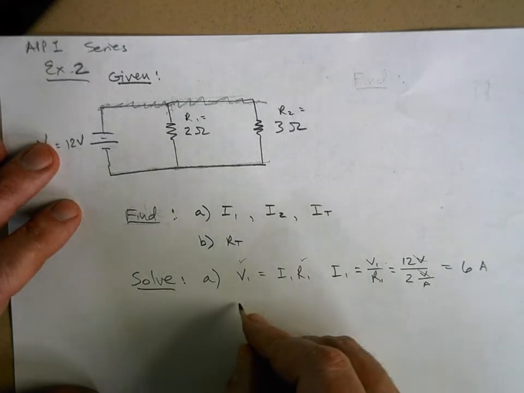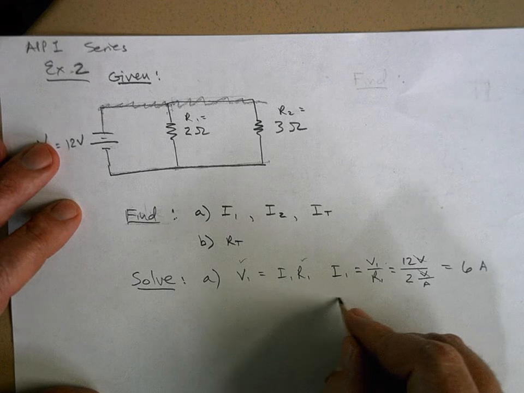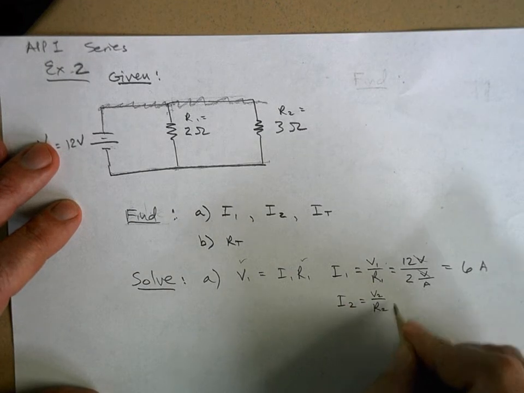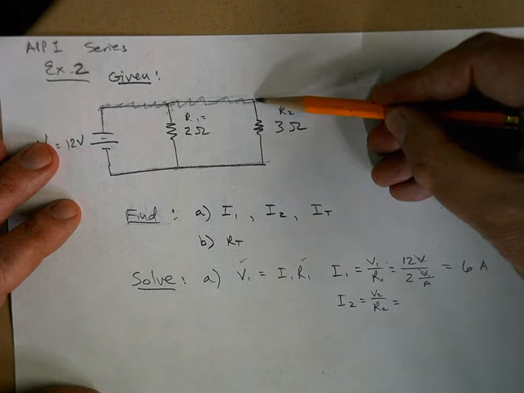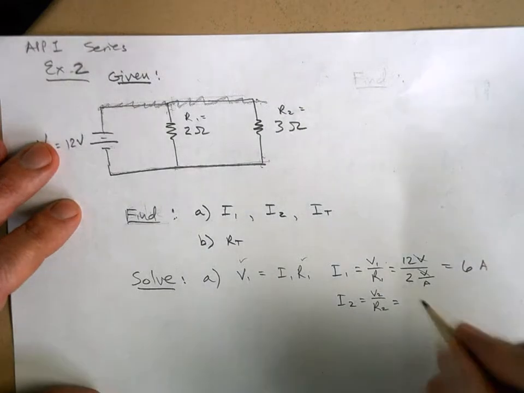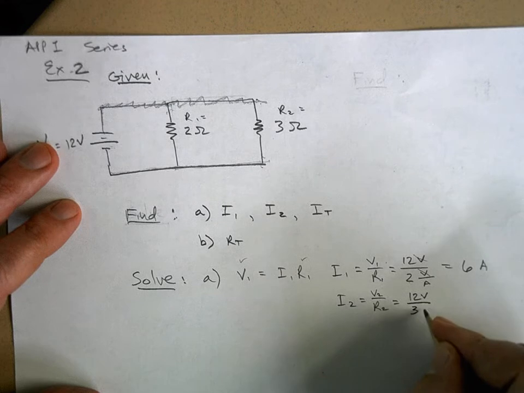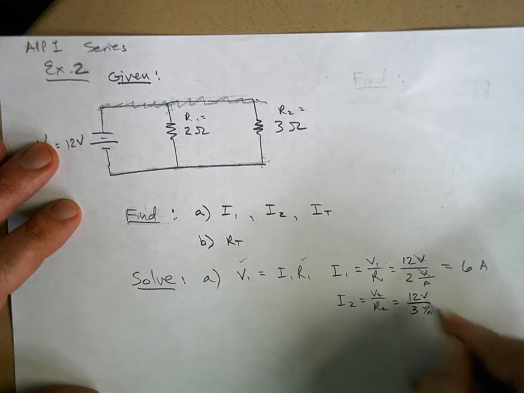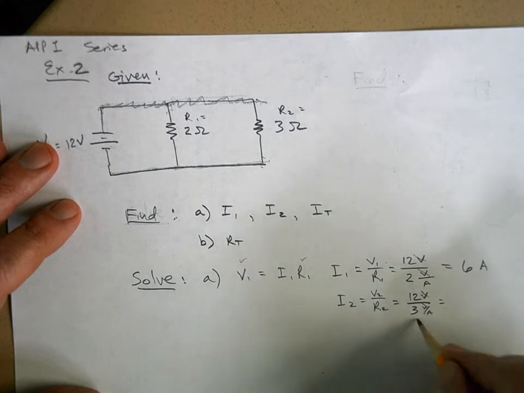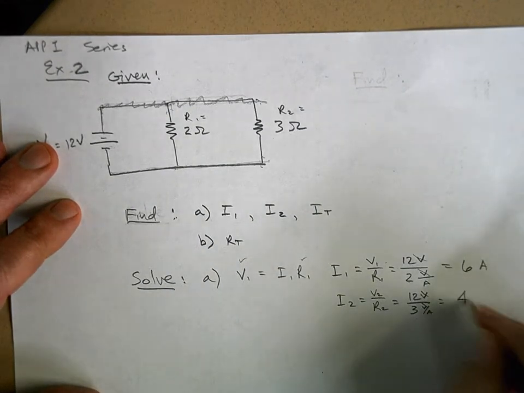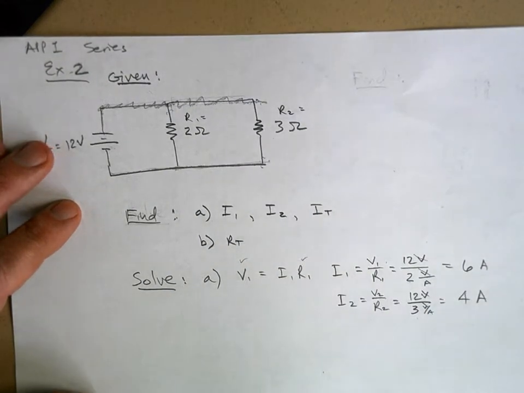Now, let's do resistor 2. Well, I'll just start over here. I2 is equal to V2 over R2. But V2 is the same. It's 12 volts. And this is 3 ohms, which is a volt per amp. So 12 divided by 3 is 4 amps.